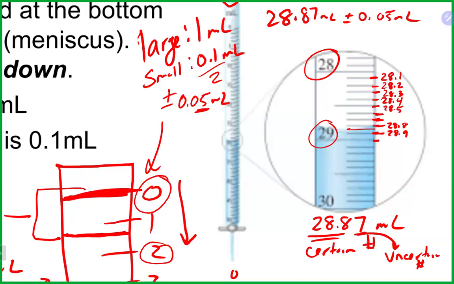Is it running higher as you go down, higher as you're going up, and make sure you understand that. I would say 9 times out of 10, glassware like graduated cylinders and stuff like that, it just increases as you go up. This is one of the few that increases as you go down the scale. Any questions on that there?